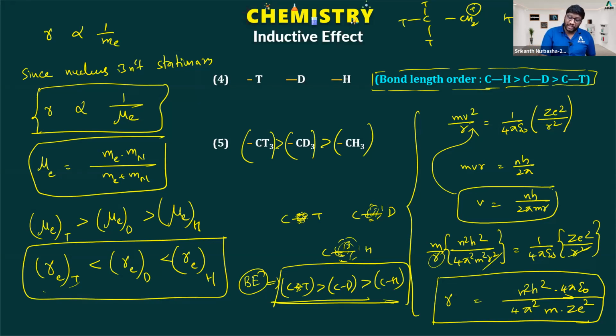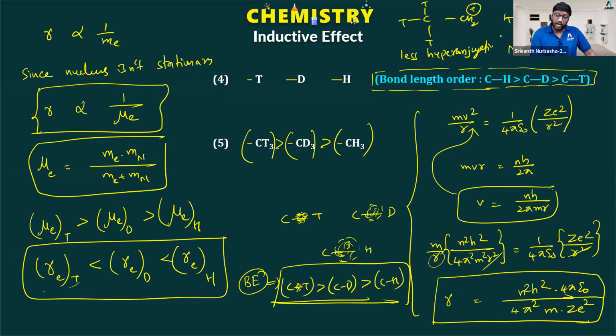That means if you have CH3 CH2 plus and CT3 CH2 plus, since the CH bond is weaker, it can have more hyperconjugation compared to CT3 CH2 plus, because the CT bond is stronger and can't be broken easily, so there is less hyperconjugation.